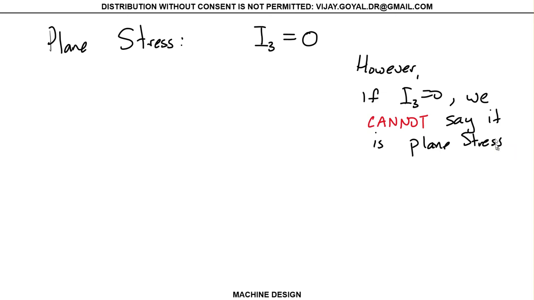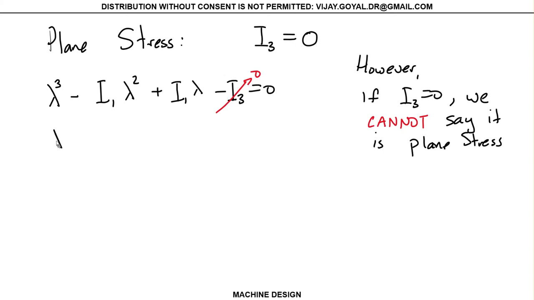Okay? So if we use our characteristic equation that we talked about in the first class, in the topic of stresses, it looks something like this. Okay? So if this guy over here is 0, then your equation becomes as follows. There's a 2 there, sorry.